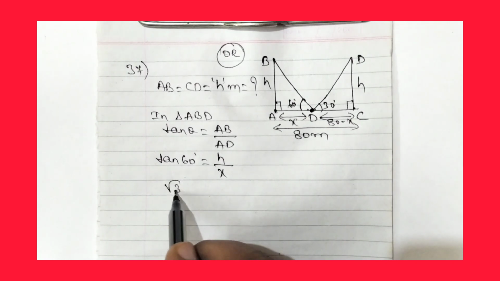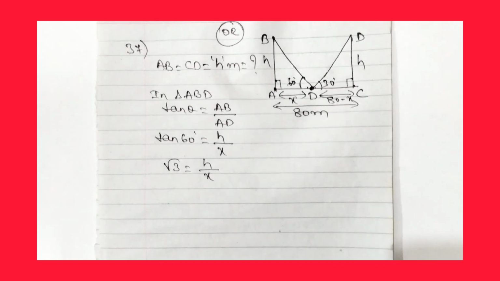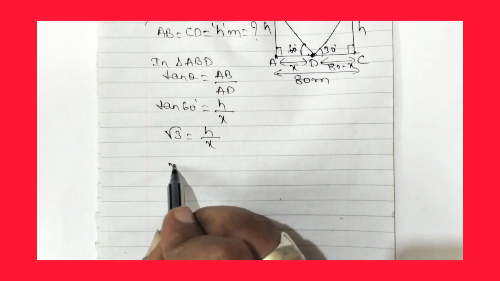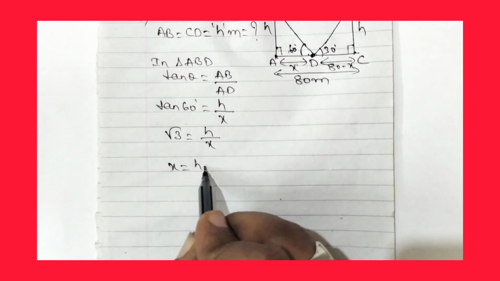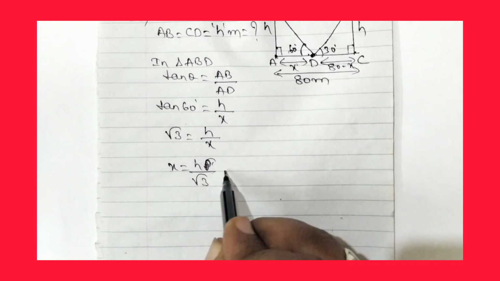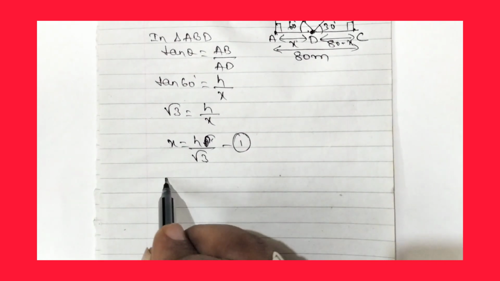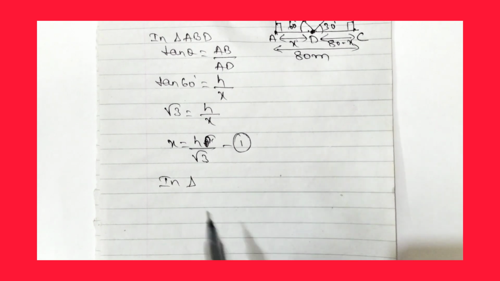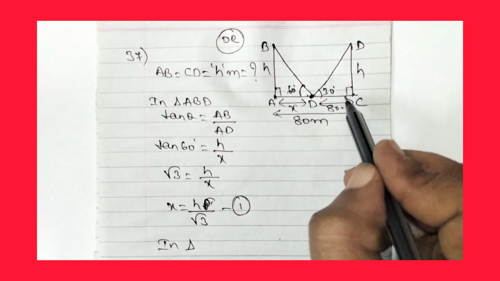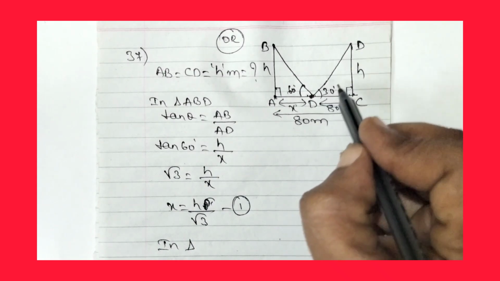So root 3 is equal to h by x, so x is equal to h by root 3. Call this equation 1. Now I will take one more triangle, the one with this C.